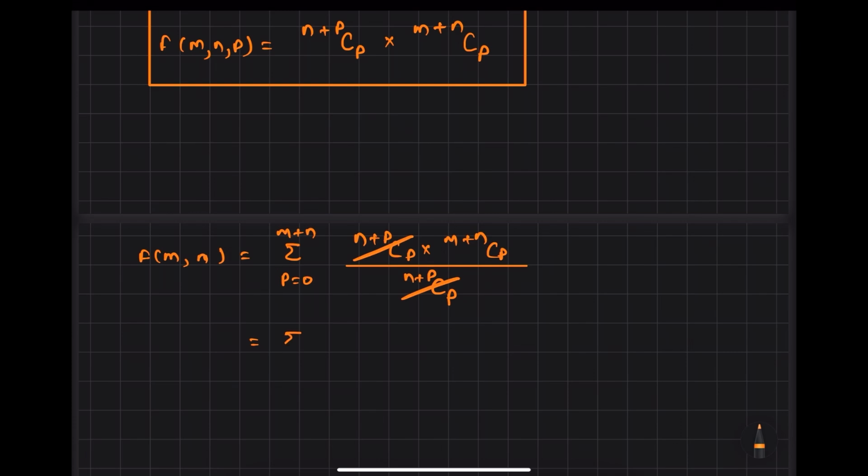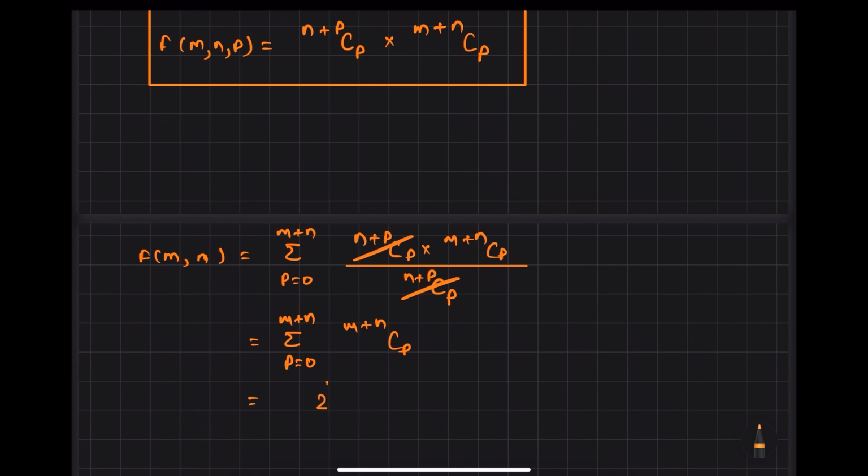Okay. So summation, p starts from 0 to m + n, (m+n)Cp. Correct? Now p starts from 0. So if p starts from 0, you have something C0, something C1, something C2, something C3. So you have all the binomial coefficients.